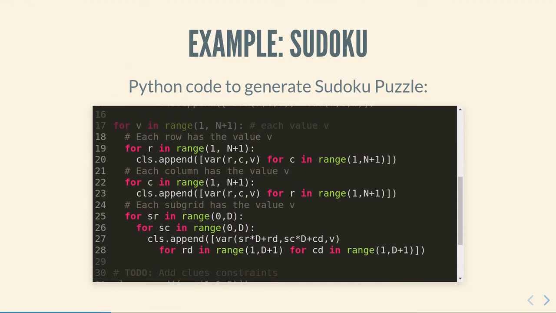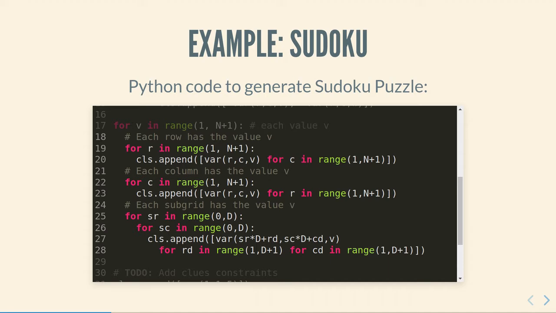So each row has the value V. For row R in range 1 to 9, for C in range 1 to 9, that is the column index of that row, RCV for some C must be true.